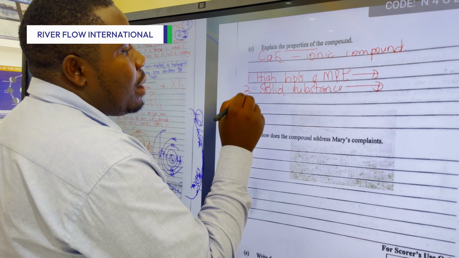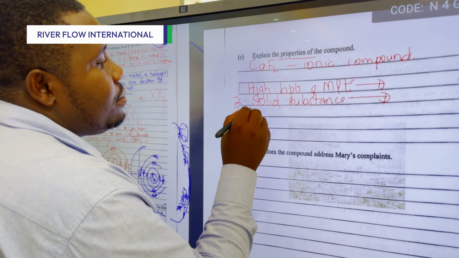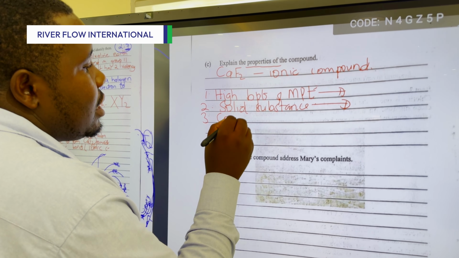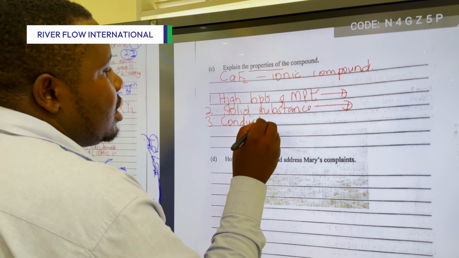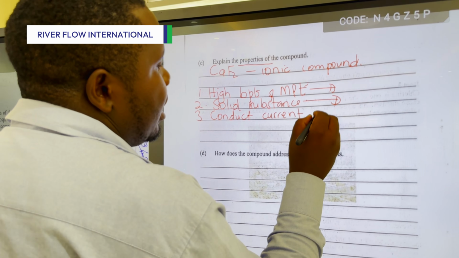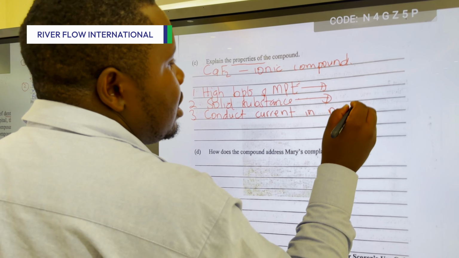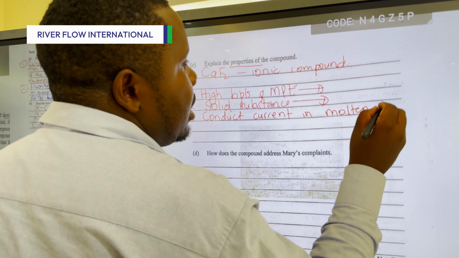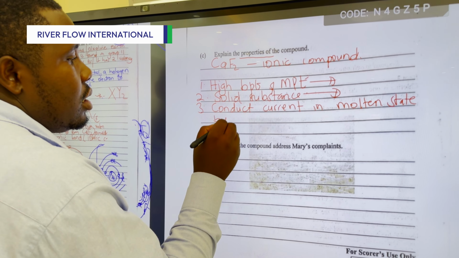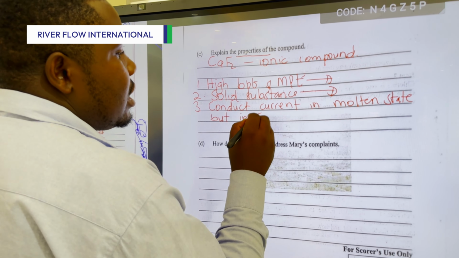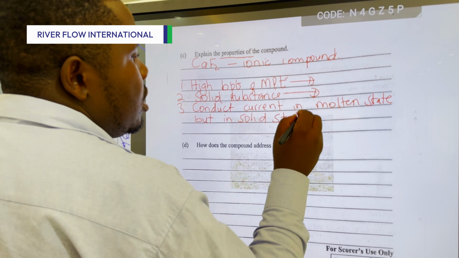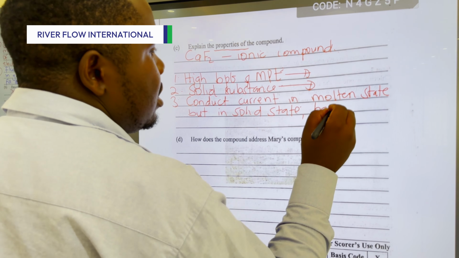Then when you come to electricity, such substances conduct current, or electric current, in molten state, but in solid state, they are bad conductors.